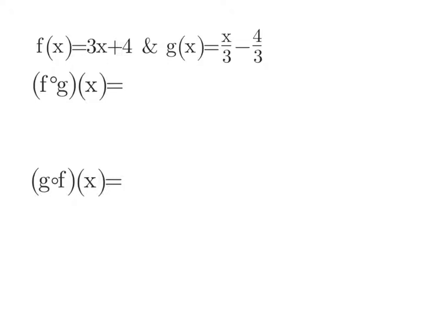Let's try just one more example. First of all, real quickly looking at the domain of f and the domain of g. f is linear, so its domain is all real numbers, and g is also linear, so its domain is all real numbers, which, oh, thank goodness, finally back to the good old all real numbers for the domain of f of g. So really, let's just take a look at the composition of functions in two different ways.